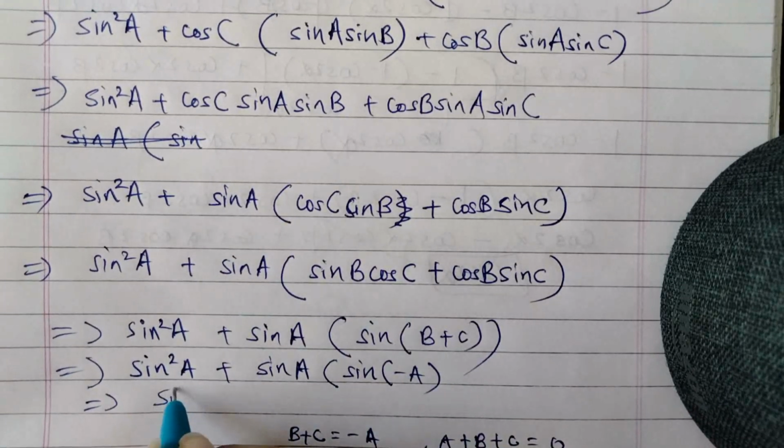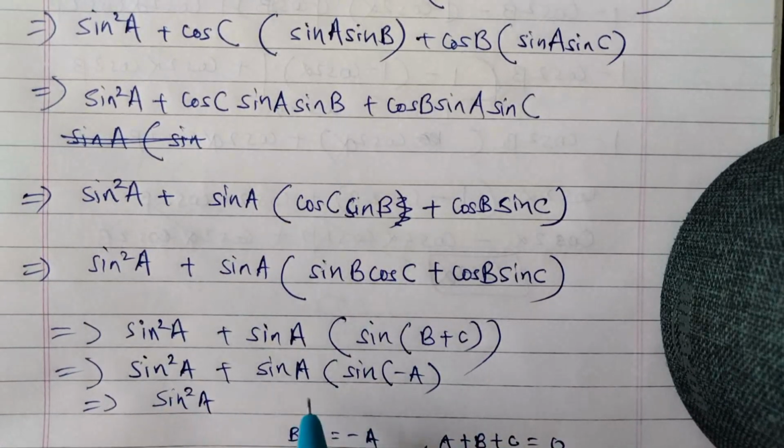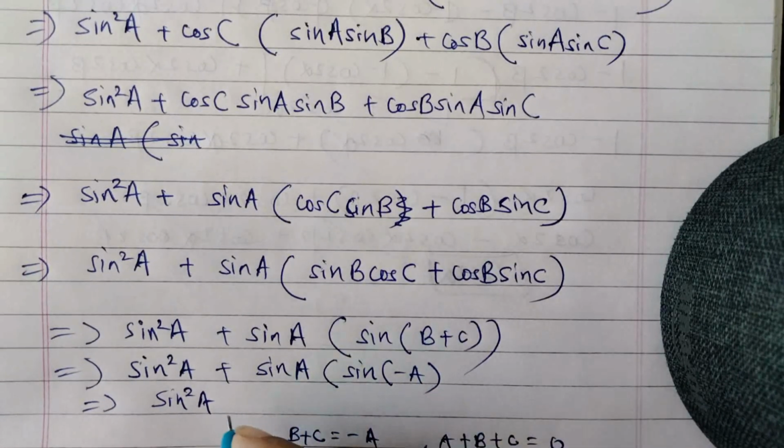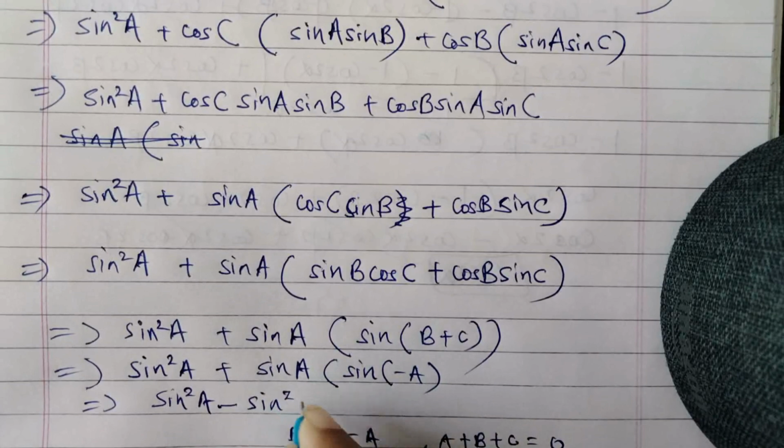Then it can be written as sin square A. Sin of minus theta is minus sin theta, so this will become minus sin square A. So your answer is 0.